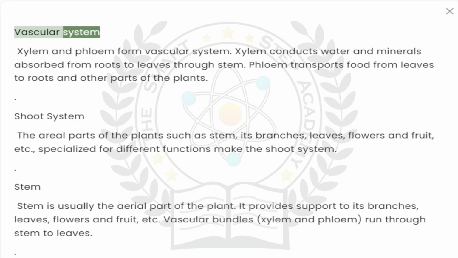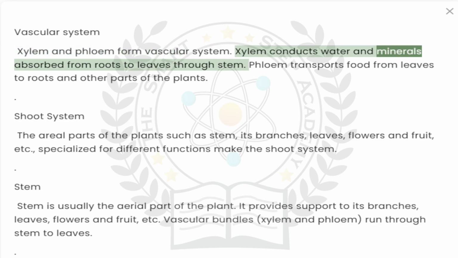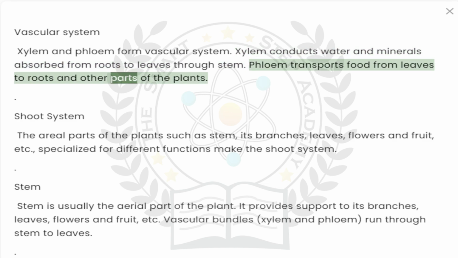Vascular system. Xylem and phloem form vascular system. Xylem conducts water and minerals absorbed from roots to leaves through stem. Phloem transports food from leaves to roots and other parts of the plants.